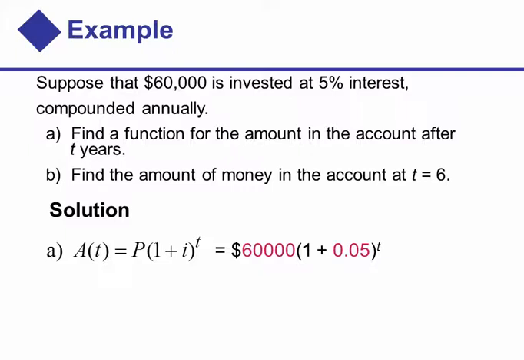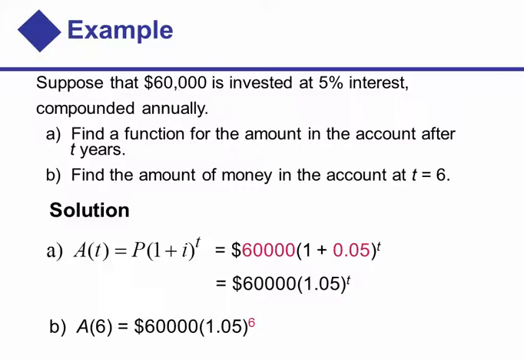So if we just put in the interest rate I, 0.05, and the principal, 60,000, into that original equation that we're given, we end up with this. Okay, that's the function for the amount after t years. And if we simplify it down, this is what we get.